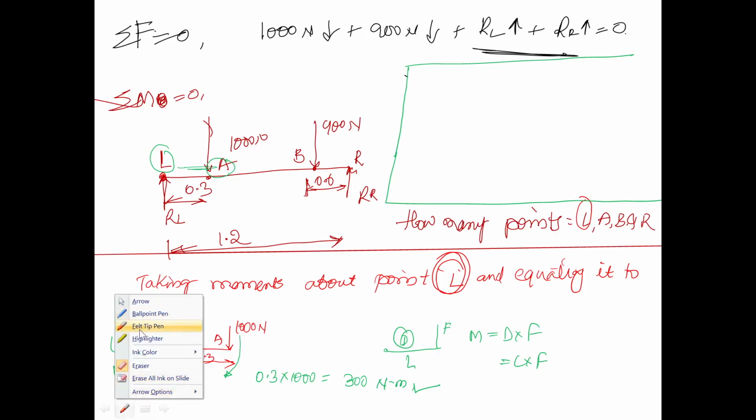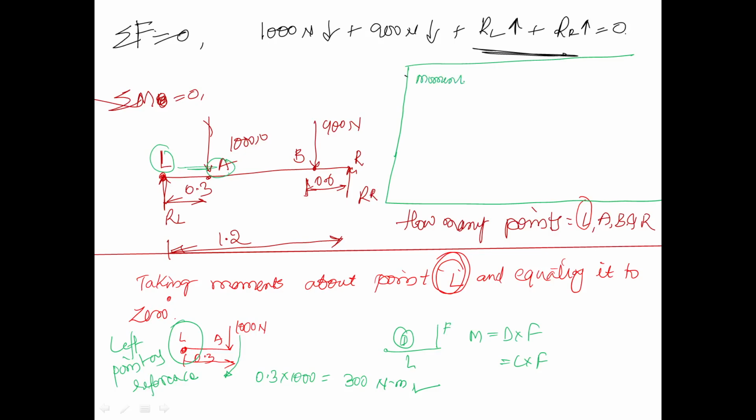The moment we got on point L due to load at point A is 300 Newton meter. Next, moment on point L due to load at point B.